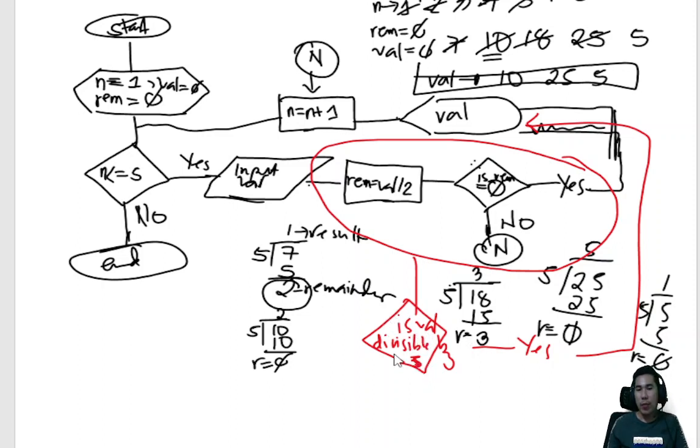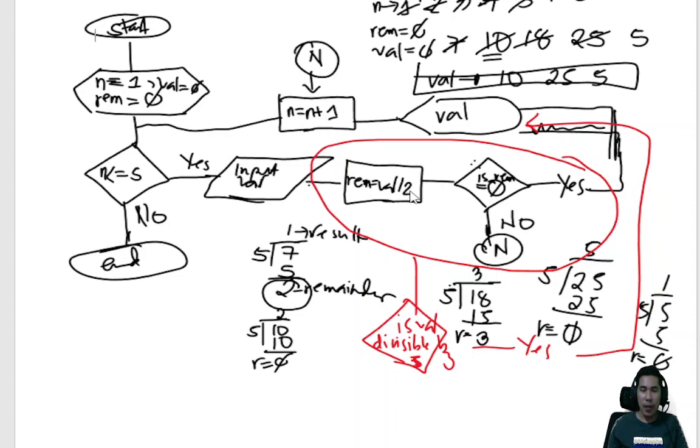We cannot tell our computer that it is divisible by 5, because our computer does not recognize that. So it is better to have a process wherein you first divide the value, and that's when we will know the remainder, and then you compare if the remainder is actually 0.